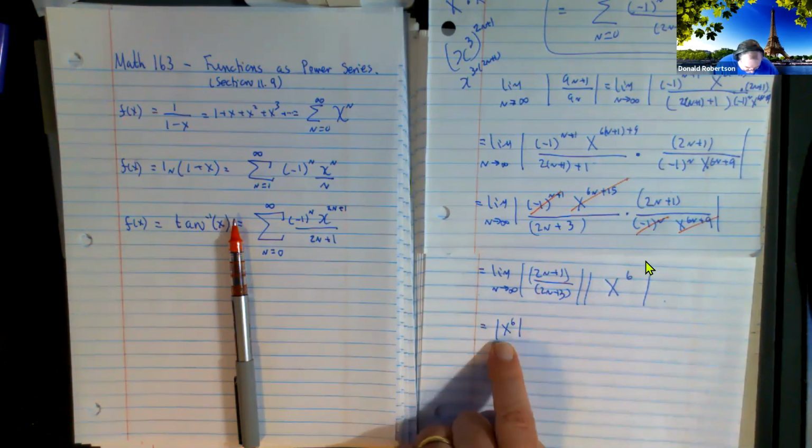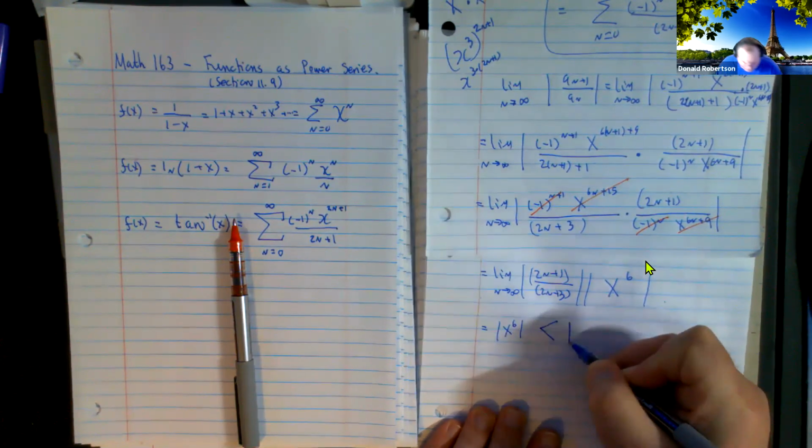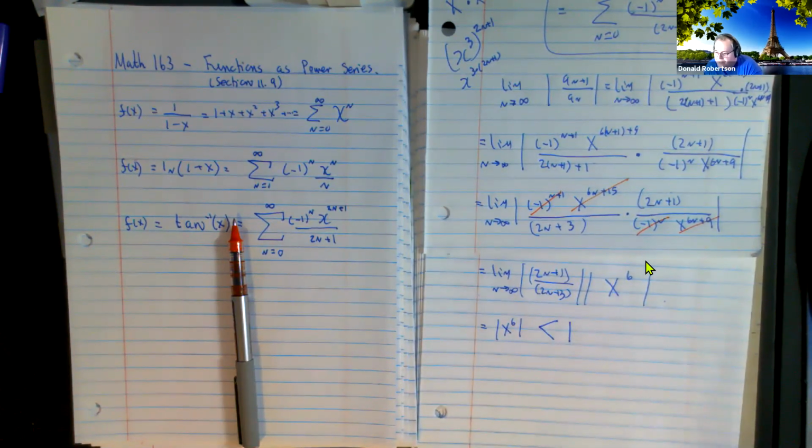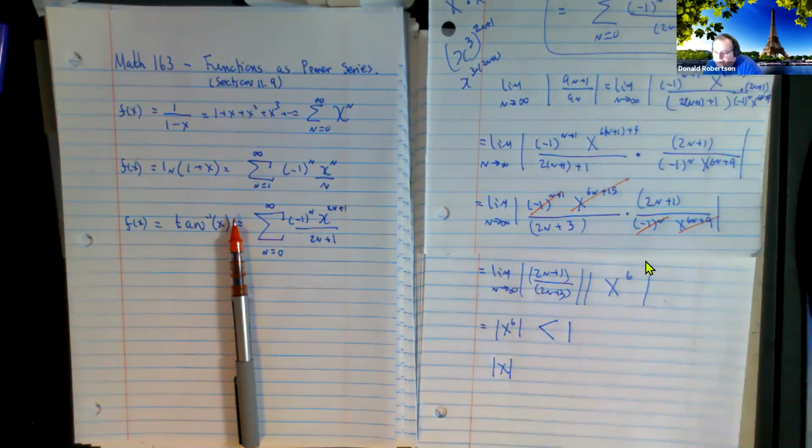Well, that's what the limit is. Well, according to the ratio test, doesn't that need to be less than 1? But I don't want to know what x to the 6 is less than. I want to know what that guy is less than.